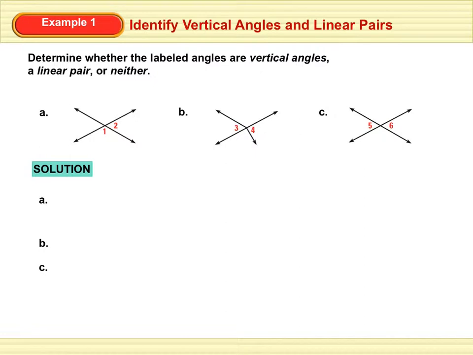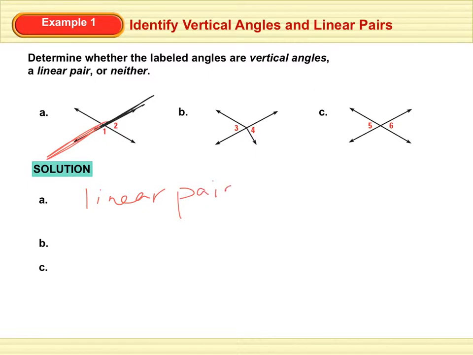And not only are they adjacent, their non-common sides are on the same line, meaning the red part for 1 and the black part for 2 form one straight line. So because of that, they are a linear pair. I'm sorry, a linear pair.